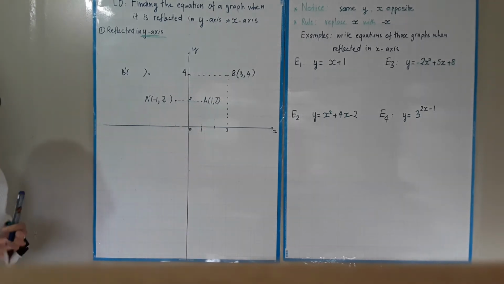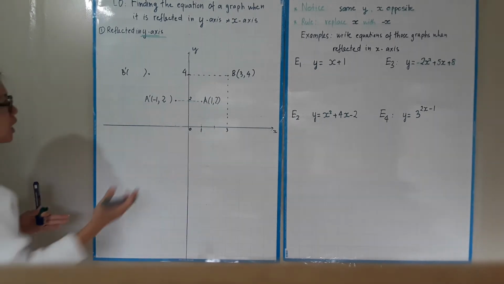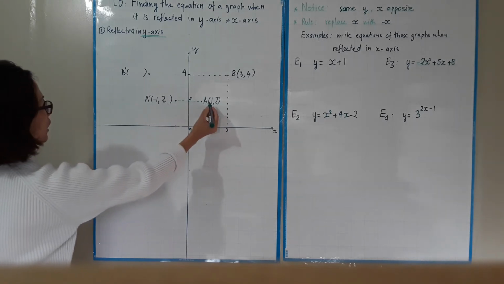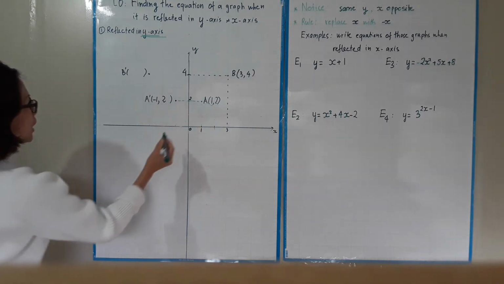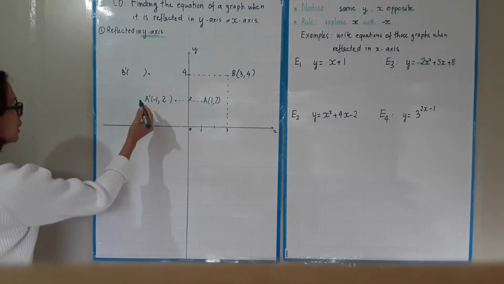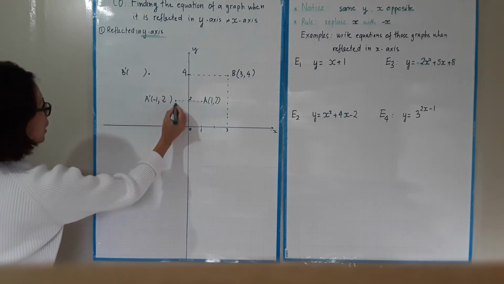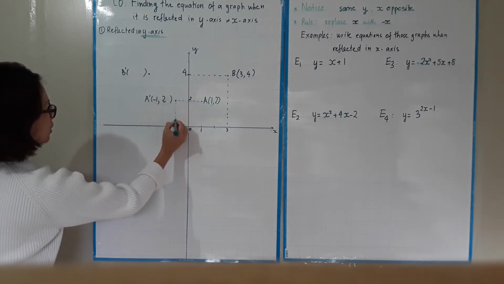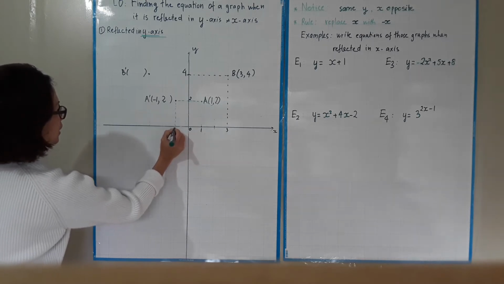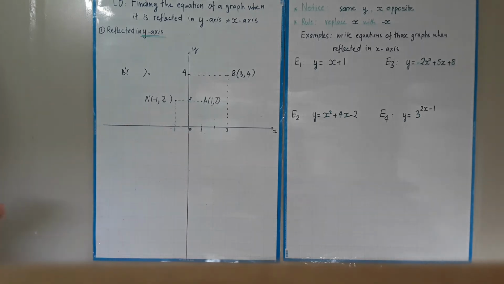How about the value of x? The x coordinate of A is 1 and the x coordinate of A dash is -1. So we can see the same value of y, which is 2, and opposite values of x, which are 1 and -1 for A and A dash.